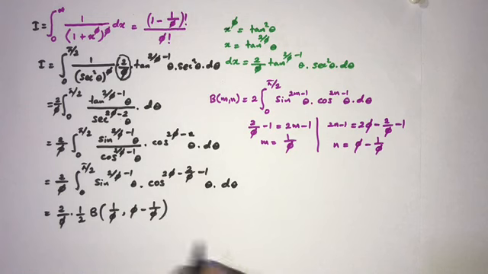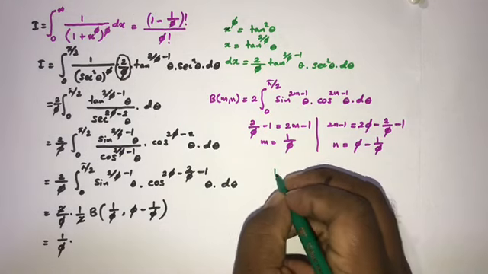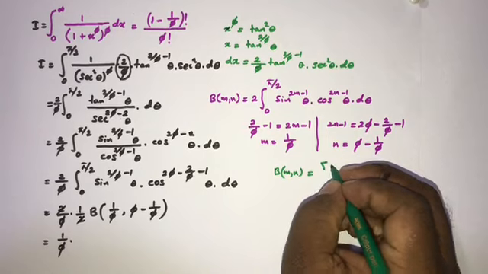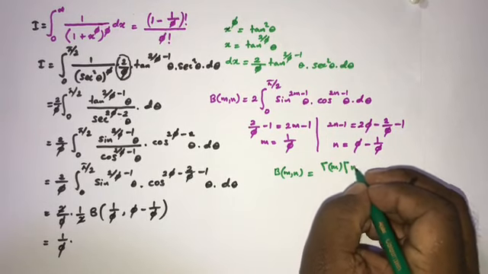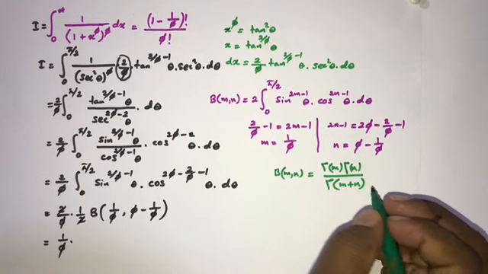Okay, now these 2 get cancelled, and we can write 1 over 5 times, now the beta function. We know this formula, beta of m, n is equal to gamma of m times gamma of n over gamma of m plus n.